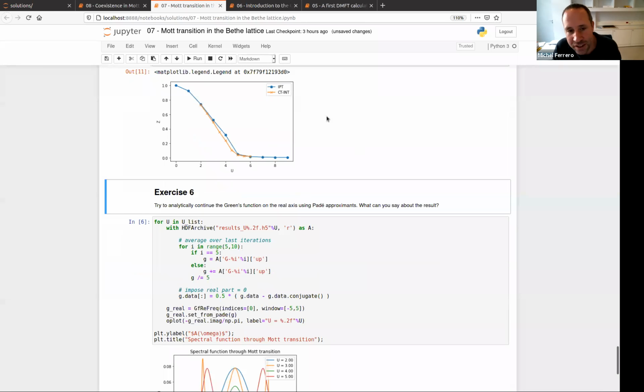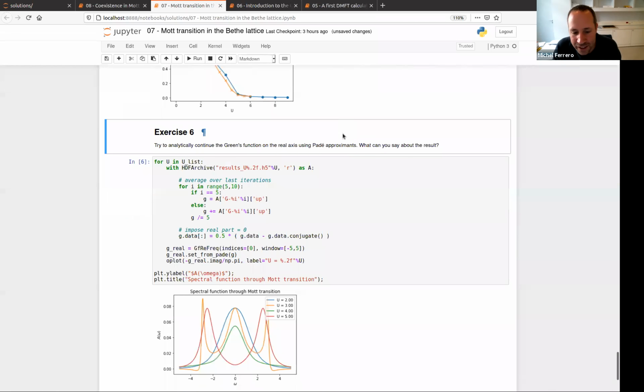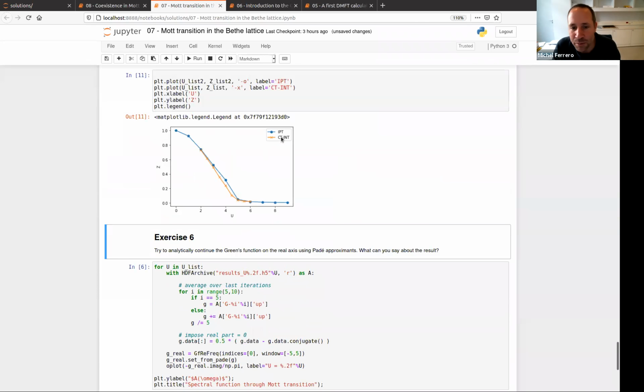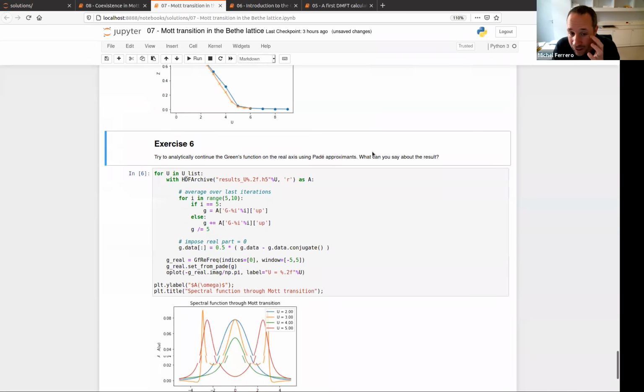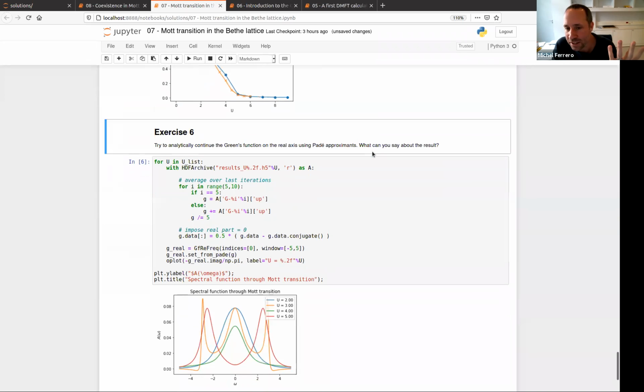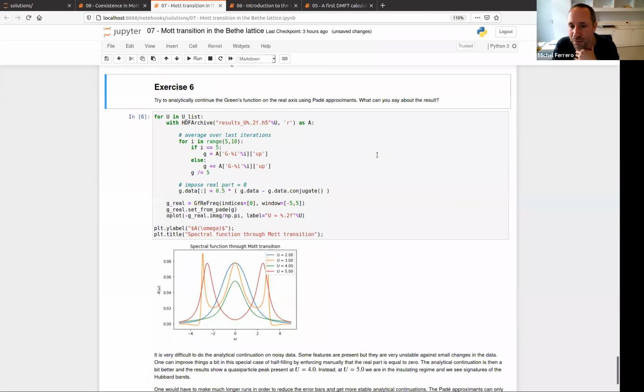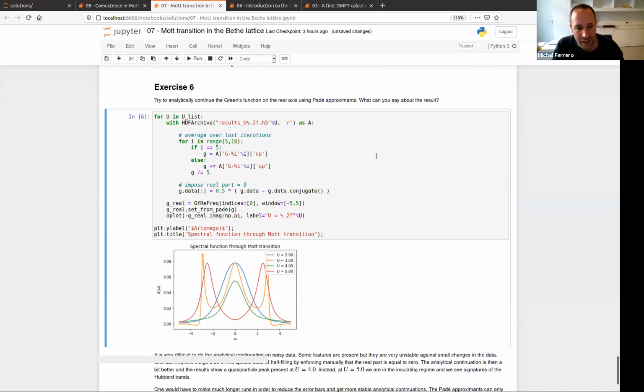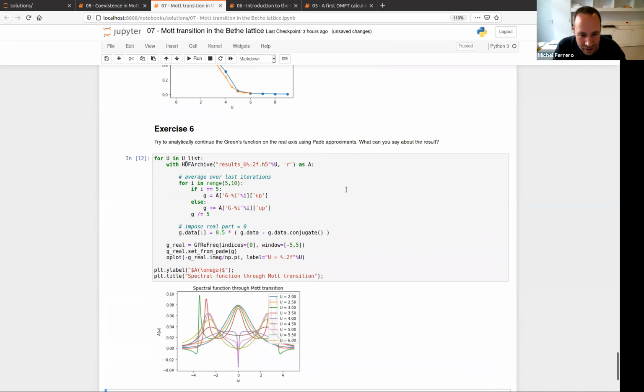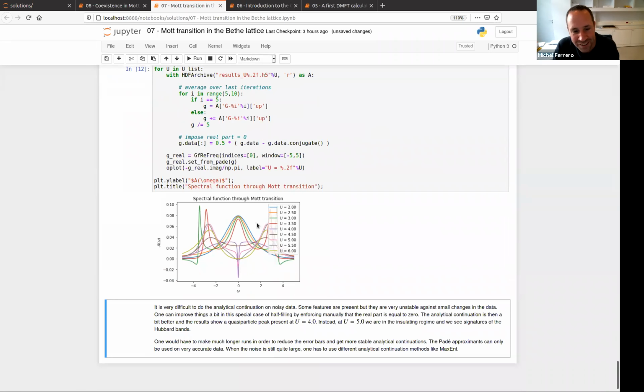And so just for the kicks, let's take the result from the CT-INT, and let me try to do a Padé approximation on that noisy data. And that's the sort of thing you get.